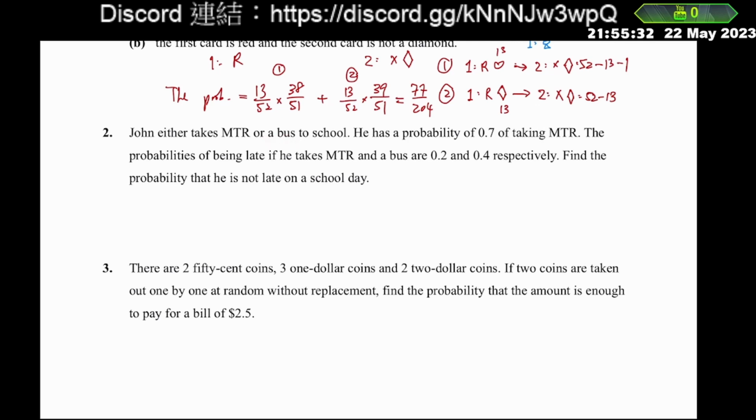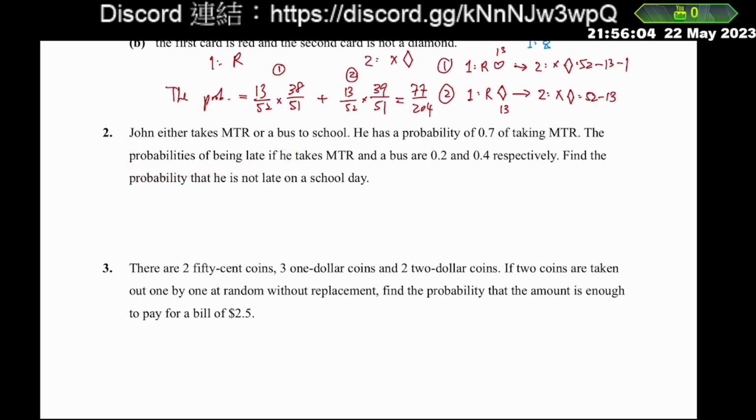Now if he takes the MTR, then the probability of being late will be 0.2. And if he takes a bus, the probability of being late will be 0.4. Therefore, you can see the probability of being late depends on what transport he takes. So when we combine the events of which transport he is taking and the probability of being late, this second probability depends on the first.